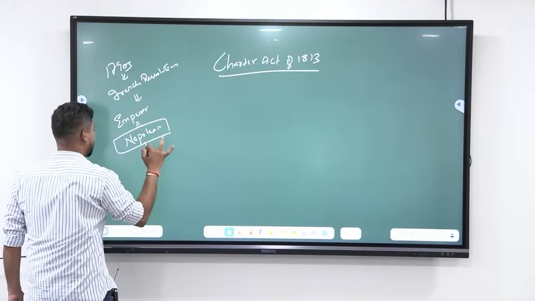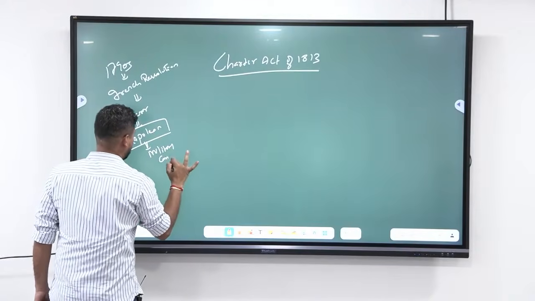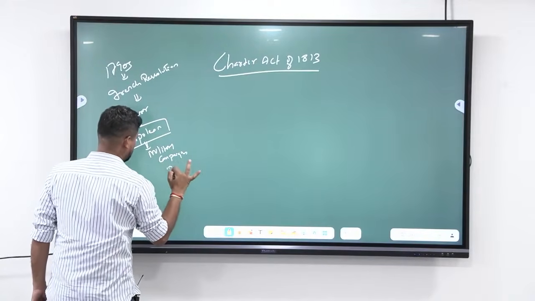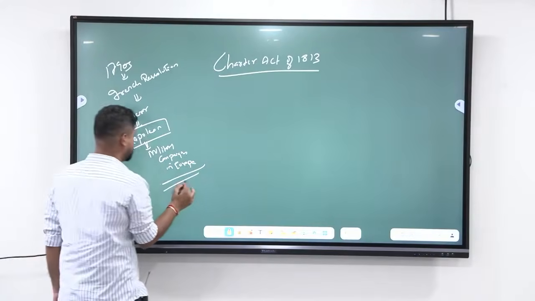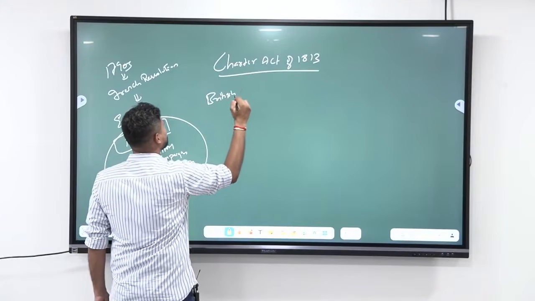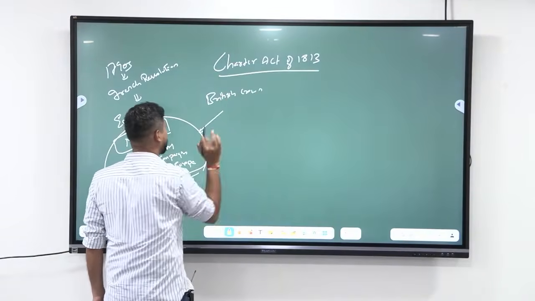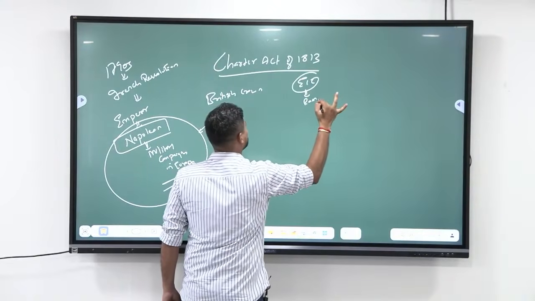Now Napoleon is very aggressively running military campaigns in Europe. The Britishers feel the threat of Napoleon, and that is one. The second is that the East India Company has rampant corruption.